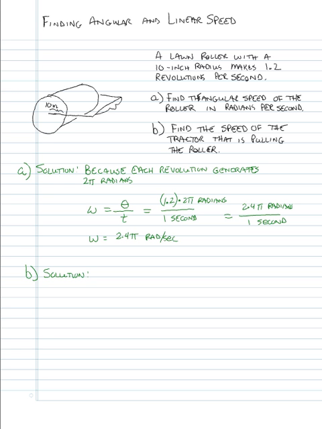So the speed of the tractor is the same as the linear speed of a particle on the edge of that roller. We're transferring it from that circular speed to the linear speed. How fast is it traveling across the ground? So that's all we need to do to find the speed of the tractor, is to come up with the linear speed of a particle on the roller.